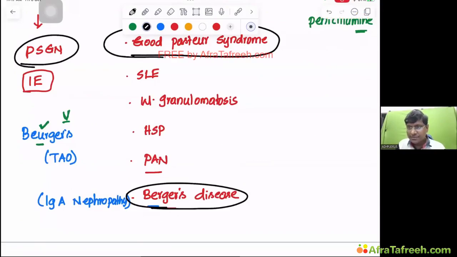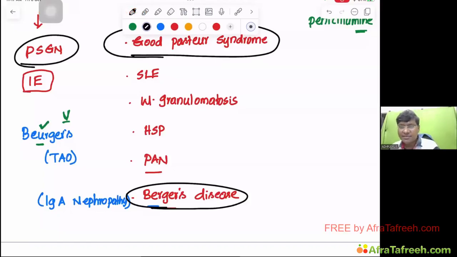See, PSGN is predominantly, most of the times, nephritic syndrome. Yes, Kamalnathan, in 95% or 98% of times, it is nephritic syndrome. Very rarely or occasionally, there can be nephrotic syndrome.